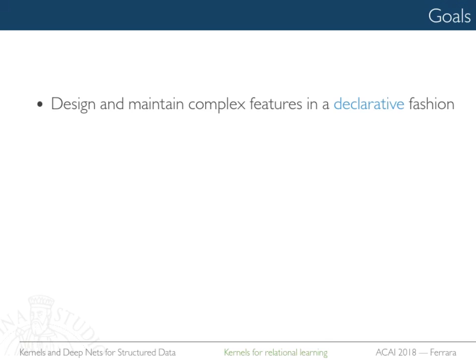In general relational domains, you might have some hints about what works, and that's something you can convert into useful information for doing kernel-based classification, so to say, right?